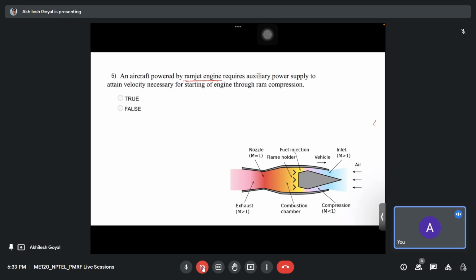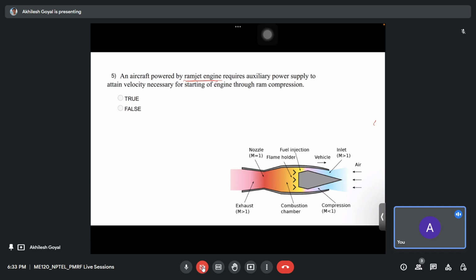Okay, so basically, to reiterate, in the case of ramjet engines, we need an auxiliary power so that this auxiliary power can start off the aircraft and attain a particular velocity above which the ramming effect can be felt in the ramjet engine, and the ramjet engine can work properly after that.